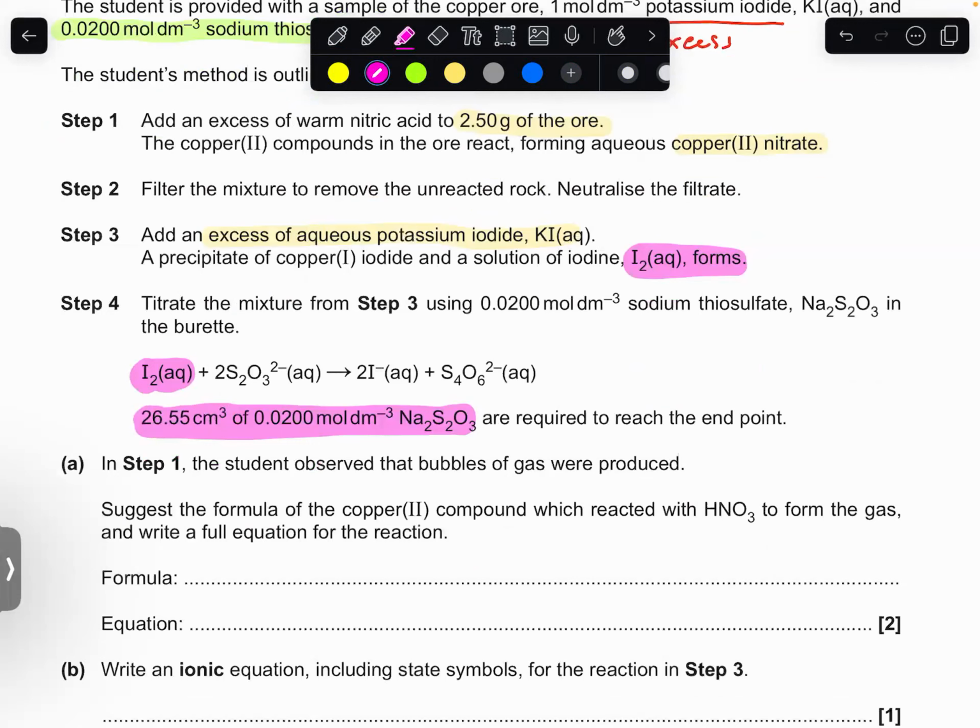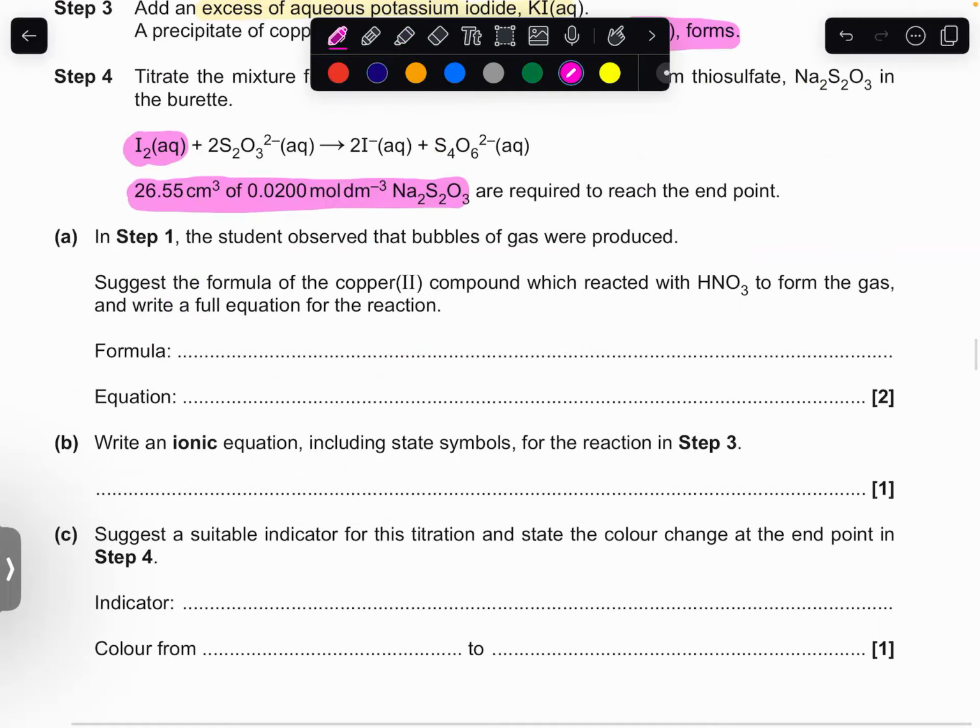If it's a copper compound and it's going to form a gas, the only type of compound of a transition metal you could have is a carbonate. So we're very likely to be dealing only with a carbonate. There could be other options. Could there be a sulfate? There could be a sulfate, but we've not learned those reactions in our specification. So the carbonate is the main one.